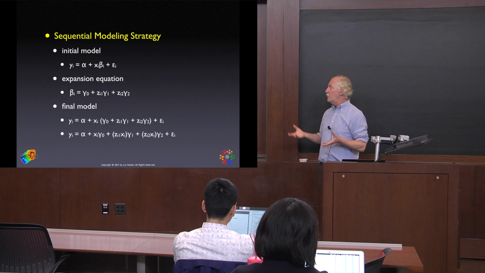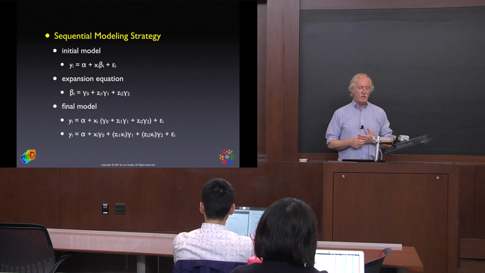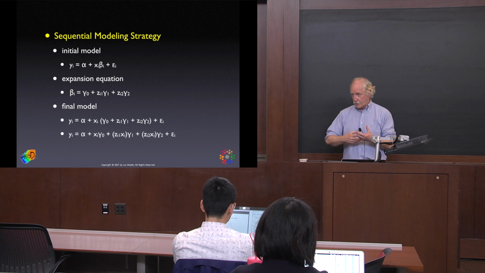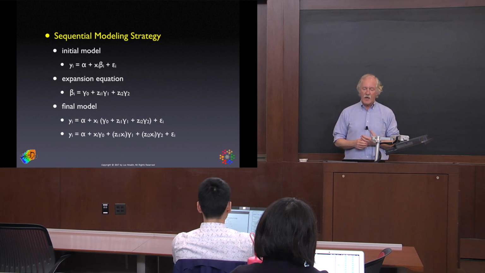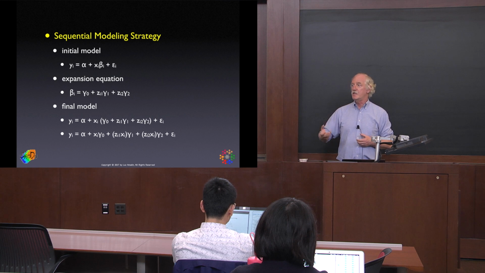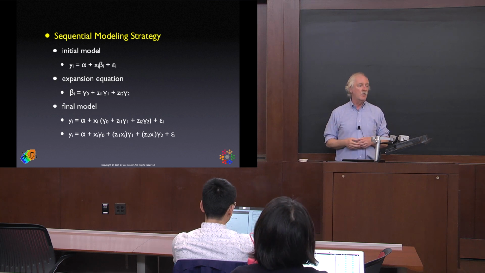So the structure is the second bullet, the expansion equation, which basically specifies the variability of your coefficient beta across data points i as a function of other variables Z1, Z2, right? And that in econometrics is called varying coefficient models.